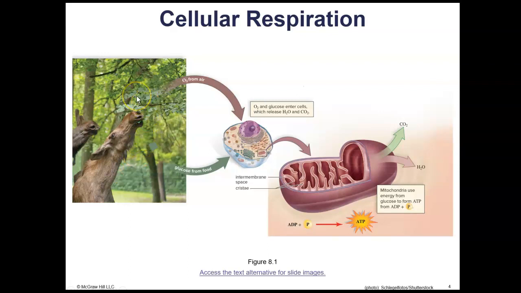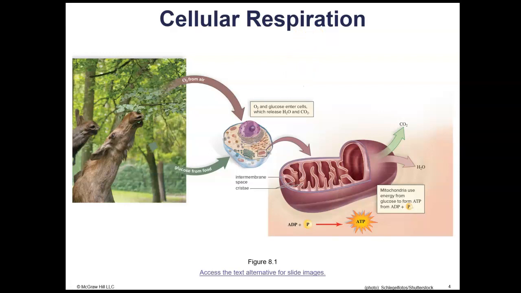But the plant cells are also going to carry out cellular respiration. The only difference is the plant cell makes its own glucose, but then it still takes that glucose and breaks it down for energy. So it's not just animals and other organisms that are carrying out cellular respiration. Plants also carry out cellular respiration in addition to photosynthesis.